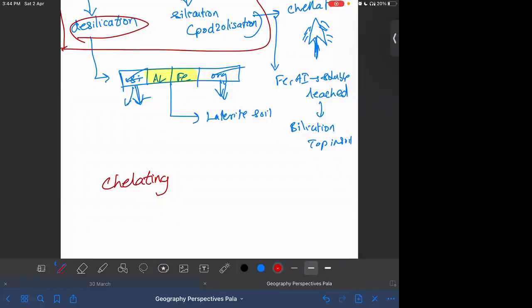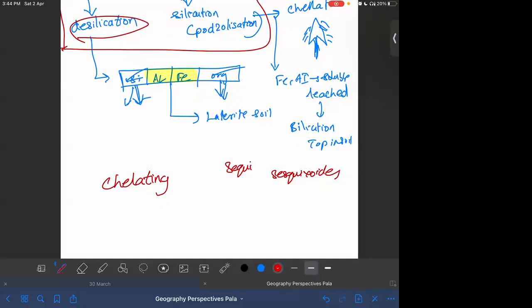soluble silicosoids of aluminium and iron. So they are soluble, right?